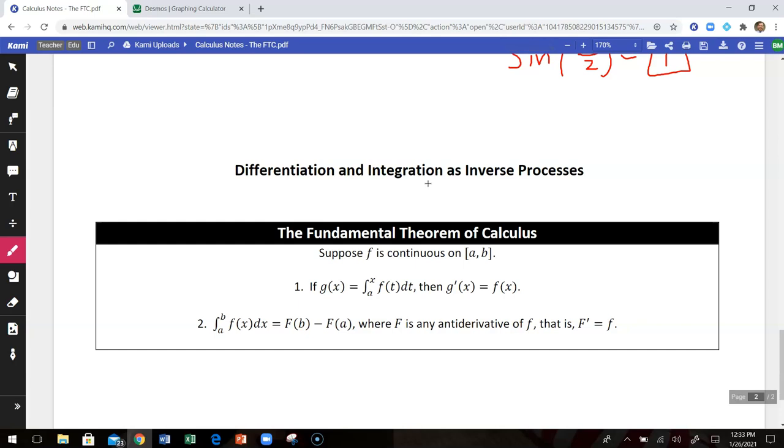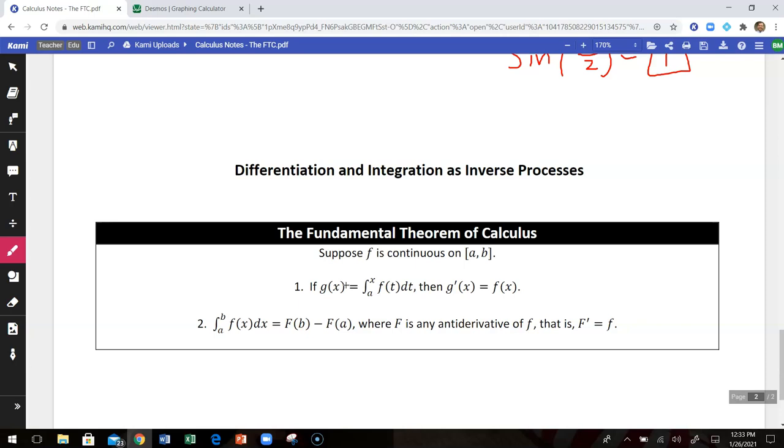Taking a derivative and evaluating an integral, those two operations are inverses. And so now that we know how to evaluate a definite integral, let me go back to this first part of the theorem and describe why hopefully this makes sense.